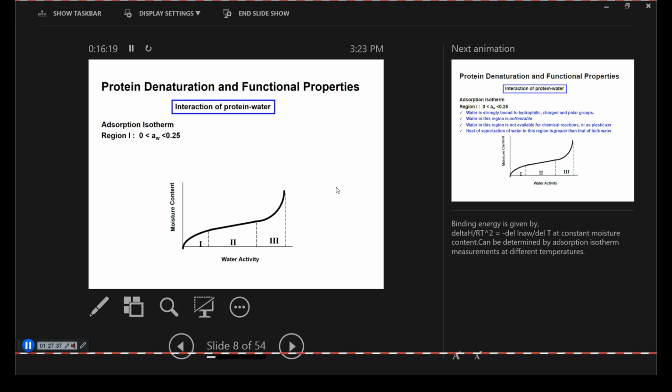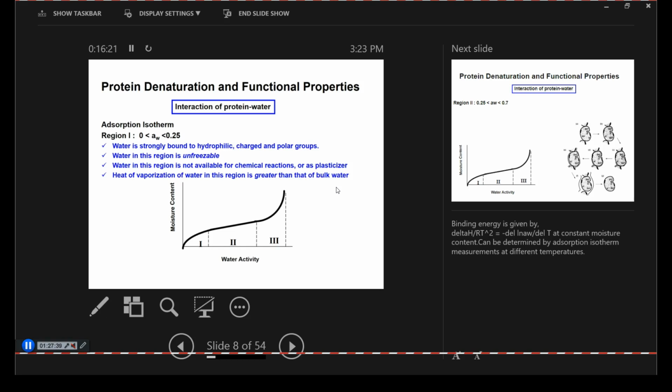This is where your water is strongly bound to hydrophilic surfaces, charged groups, and polar groups. Hydrophilic surfaces can be charged or not charged, but polar. Polar meaning water-liking. So water in this region of the curve, you cannot freeze it easily. You cannot freeze it, period.